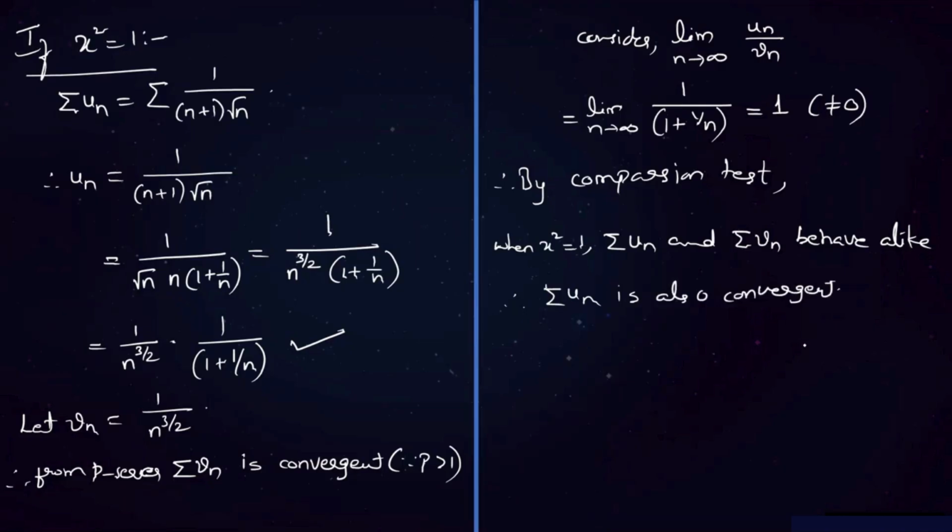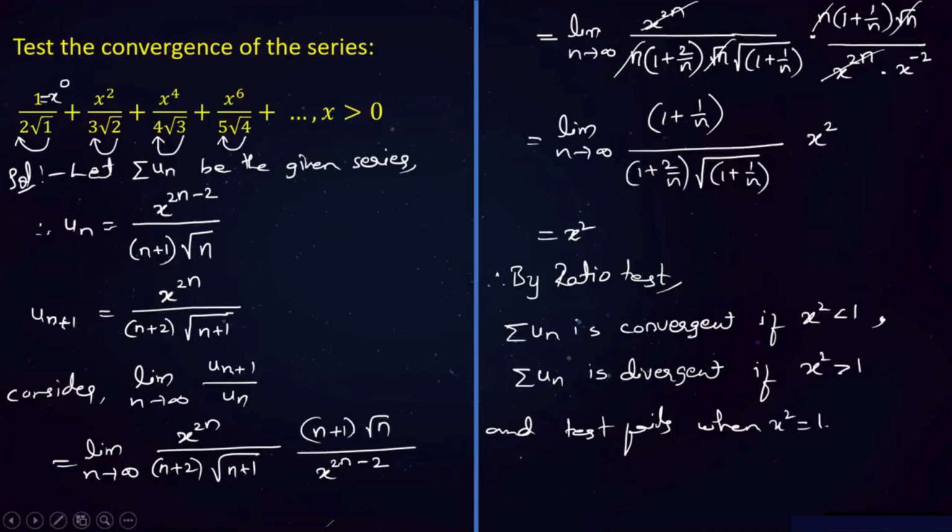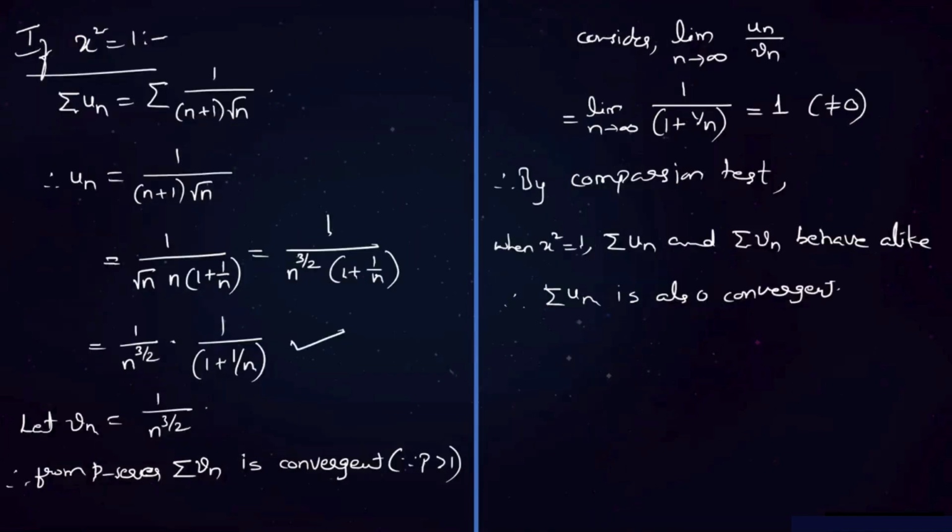Now we got this convergence when x square is equal to 1. Earlier, we had already seen that when x square is less than 1 we also got it convergent, and when x square is more than 1 we got it as divergent. I'm just combining these three statements.